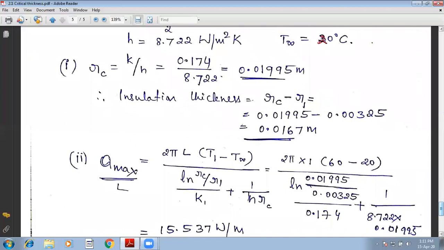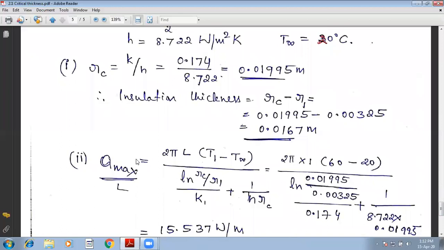When the radius R2, if you substitute the value of R2 as the value of critical radius, and if you calculate the heat transfer, that heat transfer will be the maximum heat transfer. Now, we have considered L to be 1 as it is not mentioned.